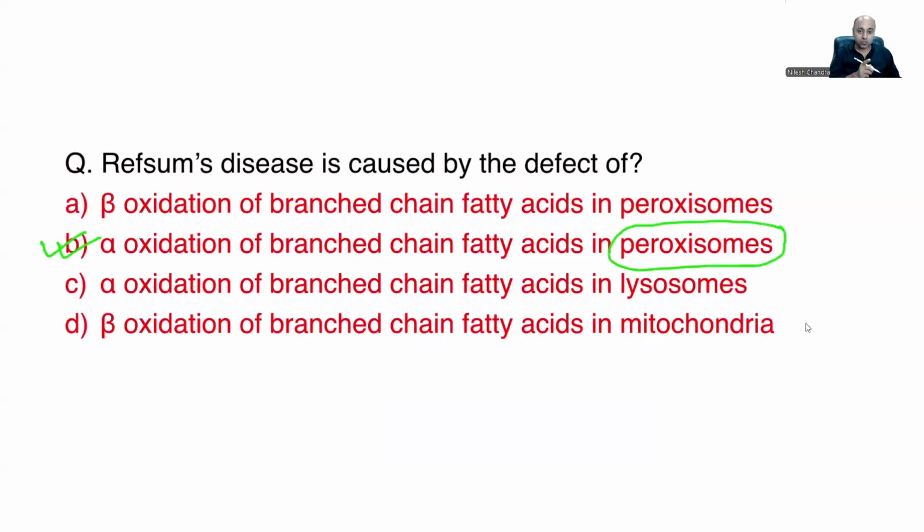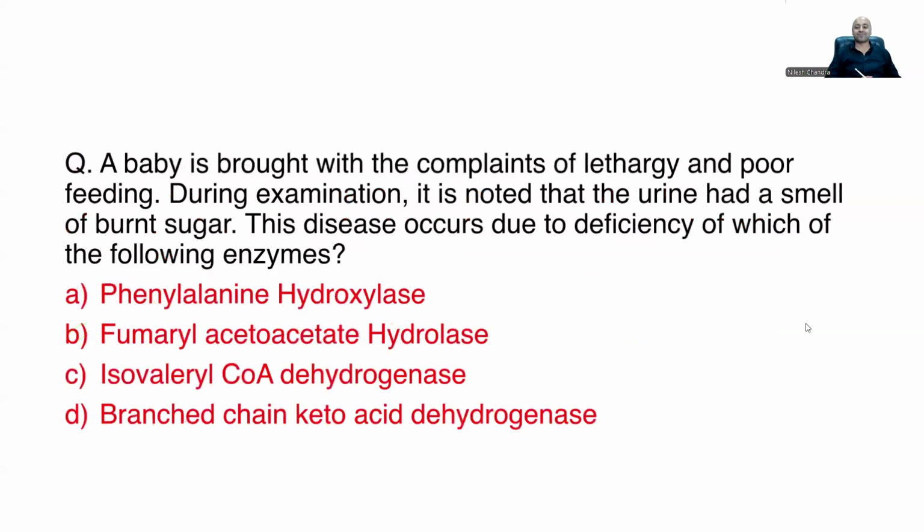The culprit is peroxisome. Metabolism which is affected is that of the branch chain fatty acid, meaning phytanic acid. They undergo alpha oxidation. So this is the correct answer. We'll talk about the different types of oxidation again in a separate video.